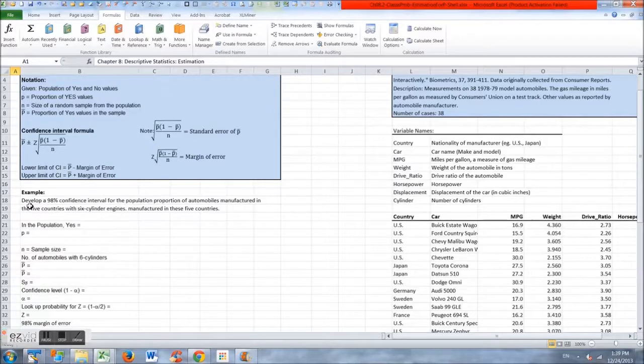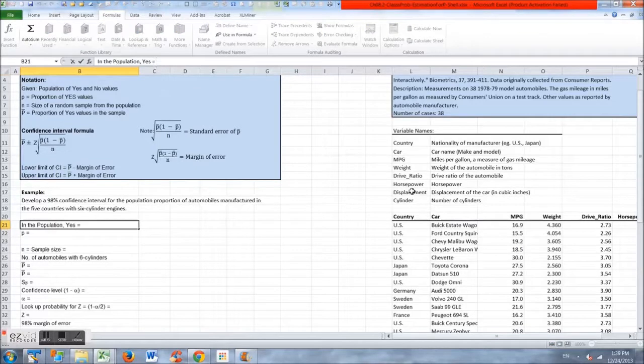In this example, we want to develop a 98% confidence interval for the proportion of automobiles manufactured in these 5 countries with 6-cylinder engines. Now let's define what S is in this population.